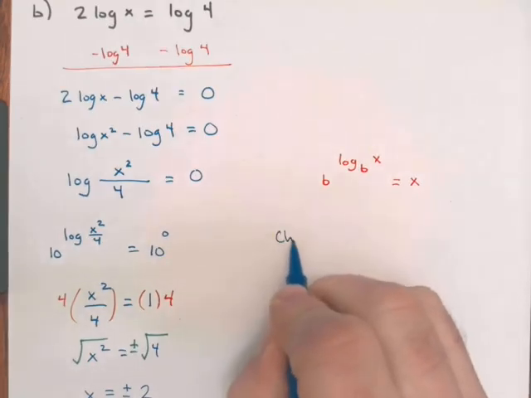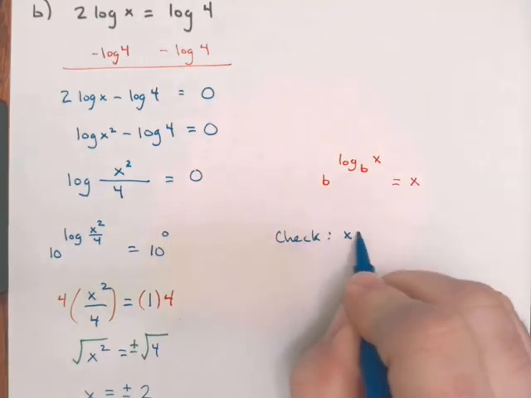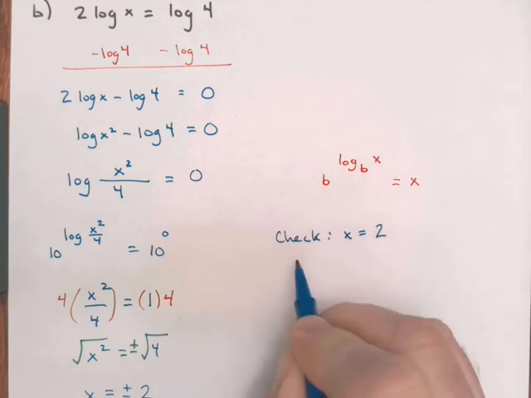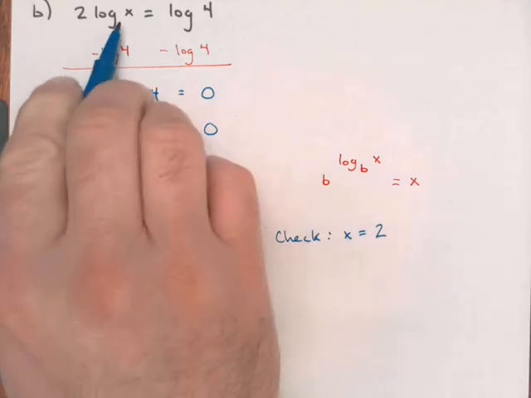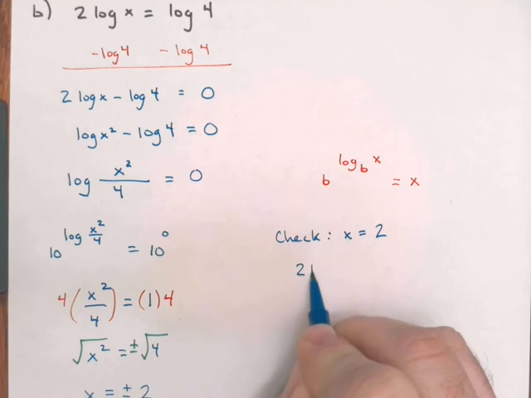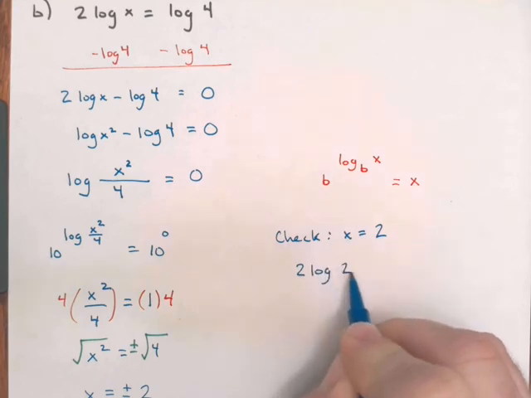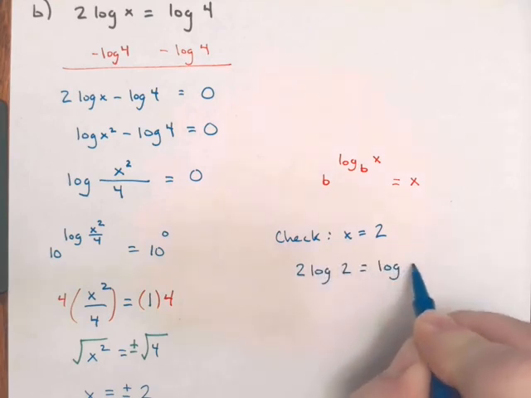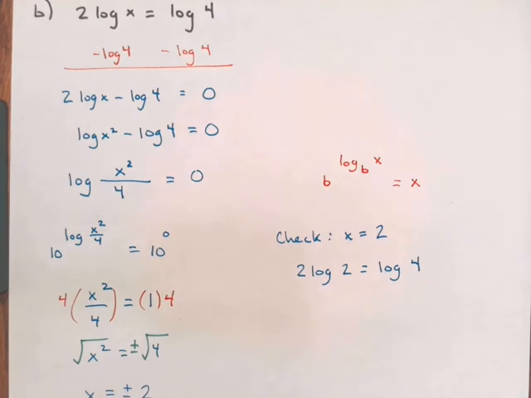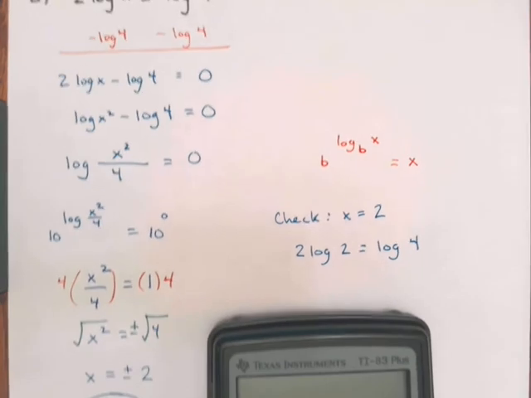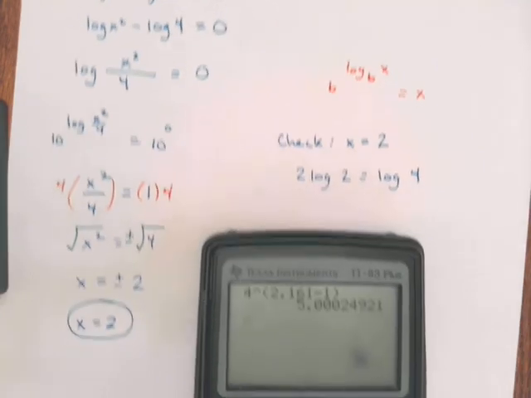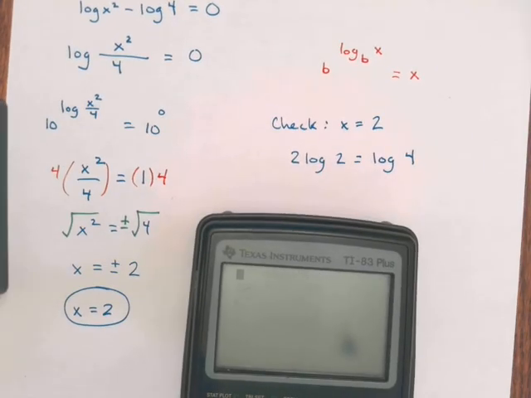If I checked my work, it would look like this. First, let's see if x does equal 2. If I plug 2 back up here for the x in the original, I would have 2 times log of 2. I want to see if that is equal to log of 4. This is log base 10, so I can just use my calculator and plug that in. So I have 2 times log of 2.